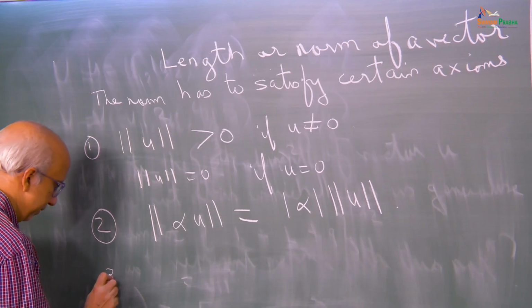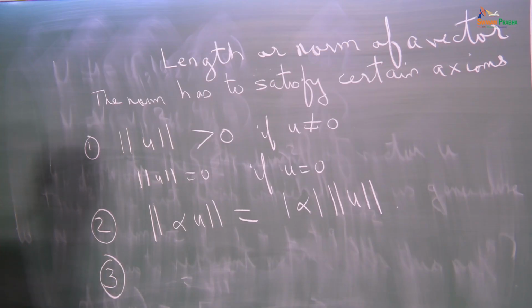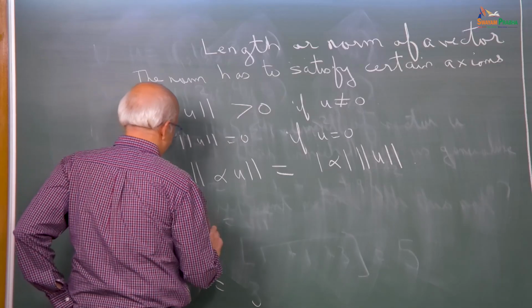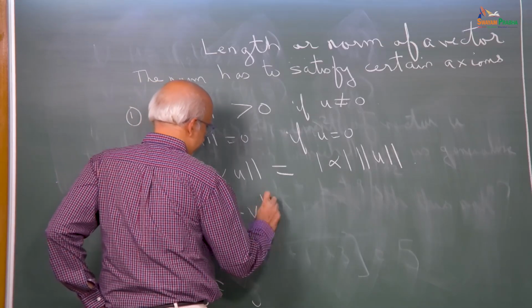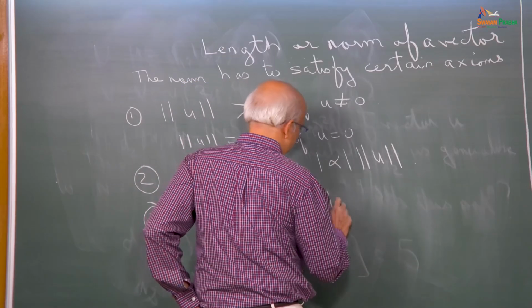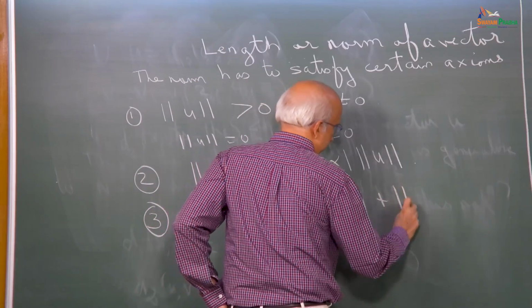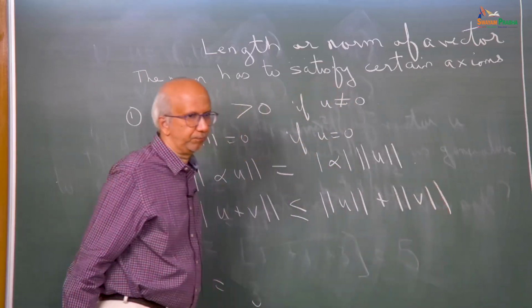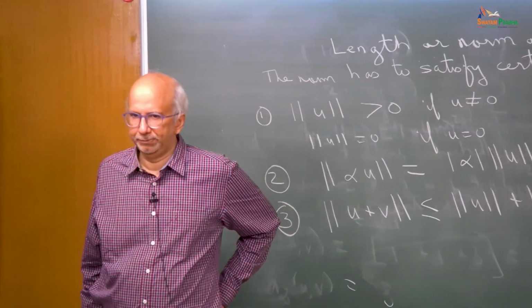And the third one is norm of u plus v is less than or equal to norm of u plus norm of v. This is the triangle inequality.